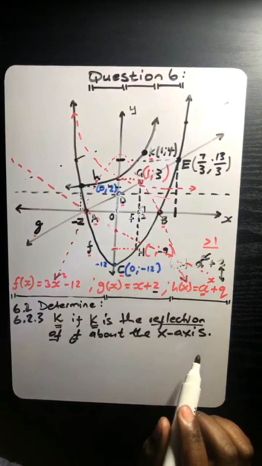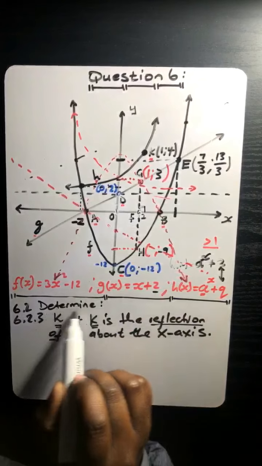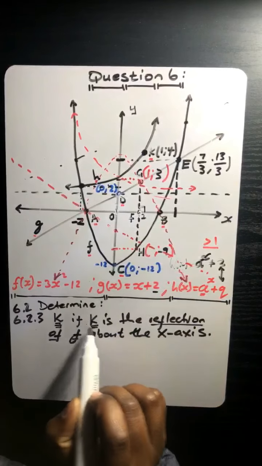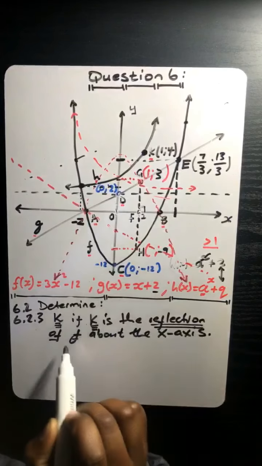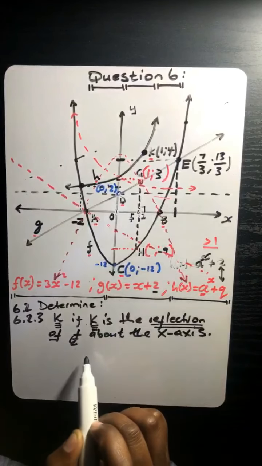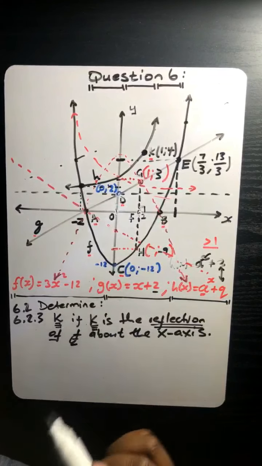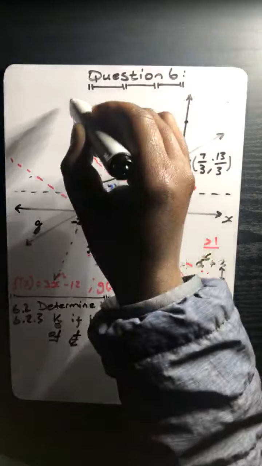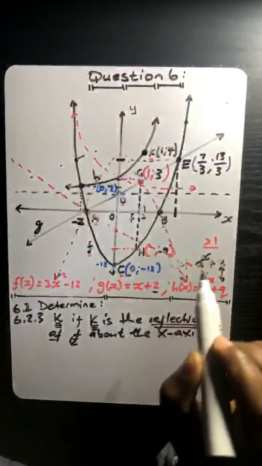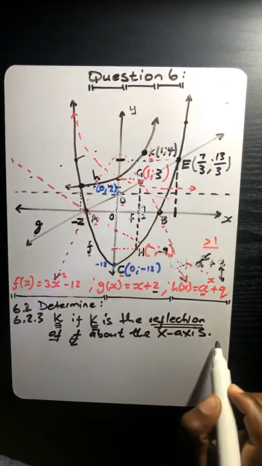I just want you guys to understand that here, Shravan, they are saying determine K if this K is actually the reflection of this. So my question was, which function is actually reflecting? So that means F is the one that is reflecting about the x-axis.